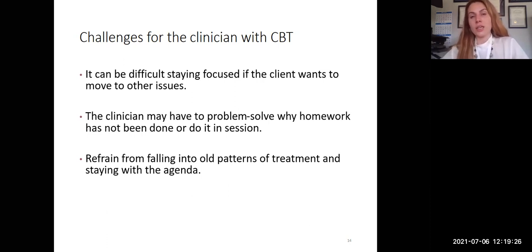The other thing is, if you have started with one form of work with a patient, so let's say you started with more of a solution-focused, supportive approach, and then you switch to CBT, that can be really hard on patients to shift into that new pattern, because this is a different type of therapy.